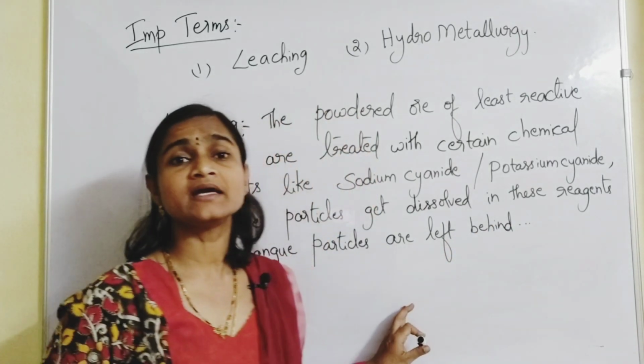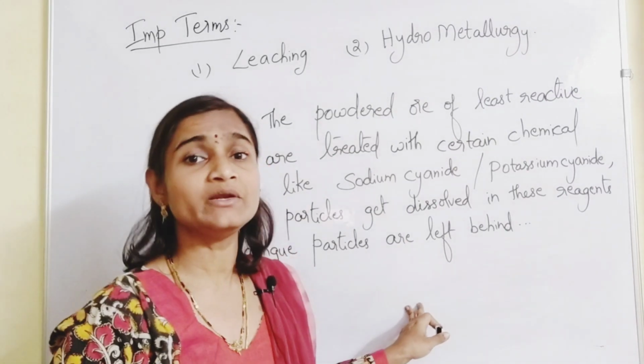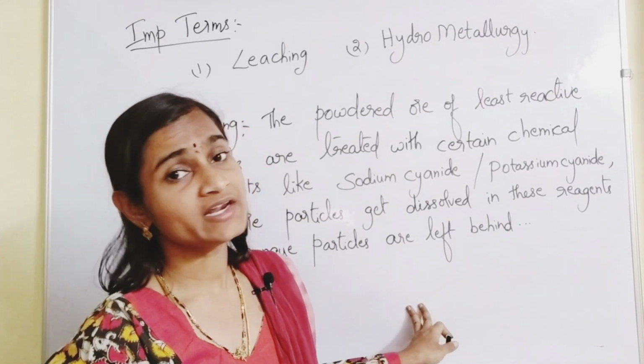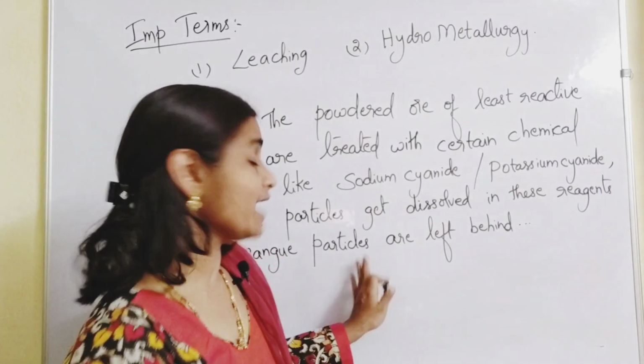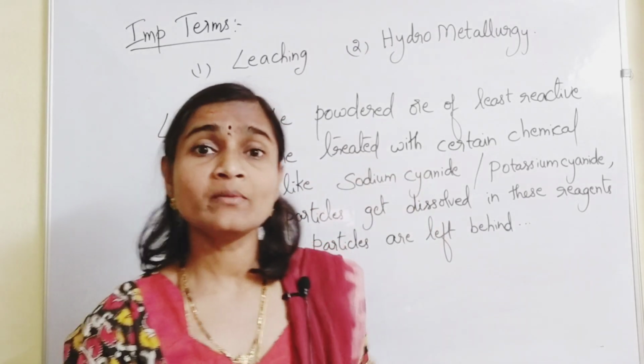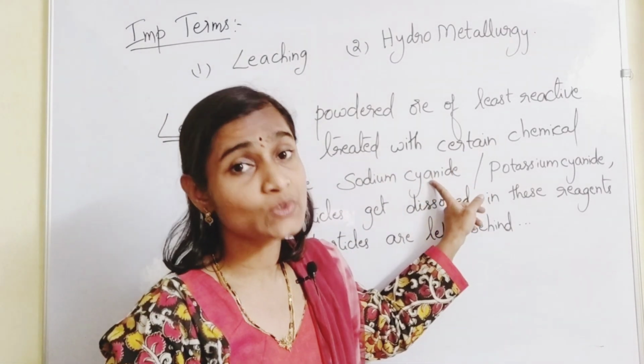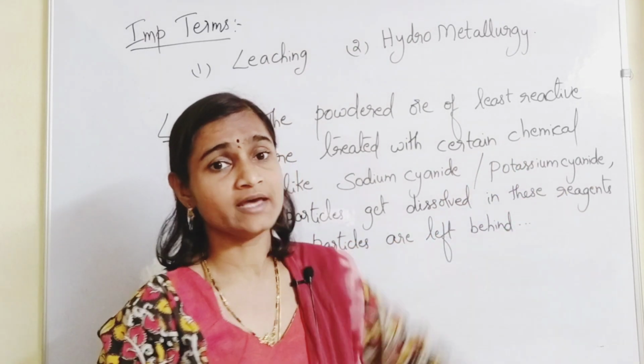Later these gangue particles are separated by the filtration method. Now the filtration process they will do, so that gangue particles get separated out, and only ore particles are soluble in these chemical reagents like sodium cyanide and potassium cyanide.